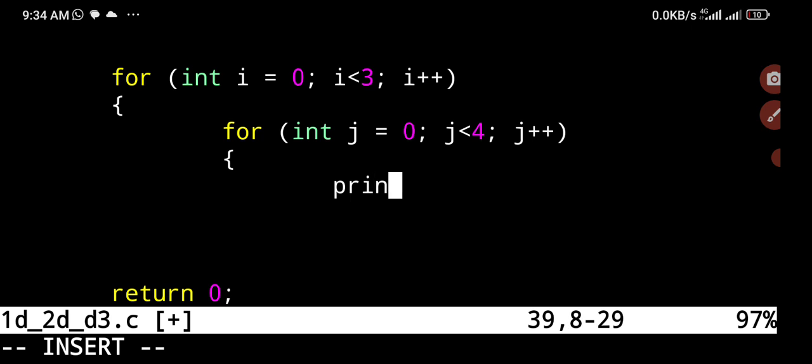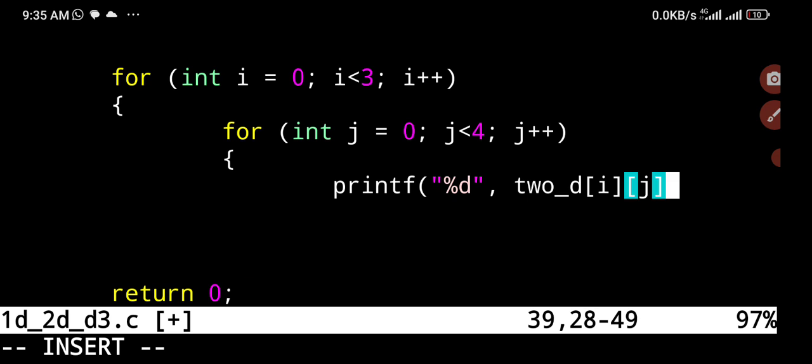Say printf, and we say %d. Okay, and we close it, and we pass in the name 2_d, first array, which is i, close, and second, which is j.